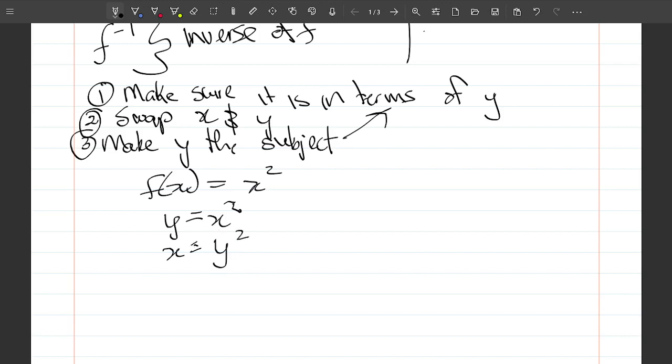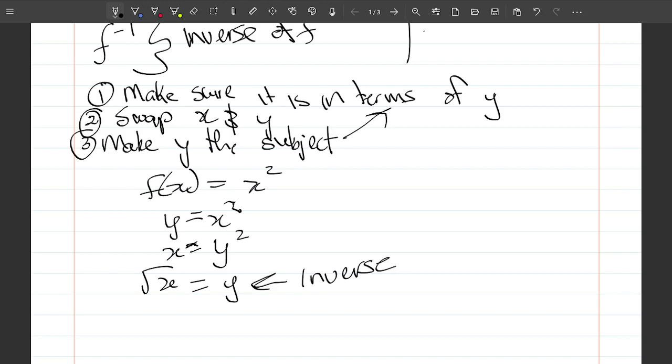Then I'm going to put this in terms of y. That's my third step. To put this in terms of y, I'm going to get rid of anything on this side that is not y. To get rid of a square, I'm just going to square root. So this becomes square root of x is equal to y. Now this is my inverse.